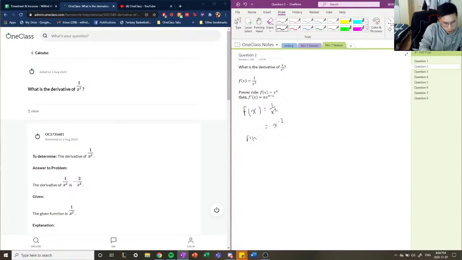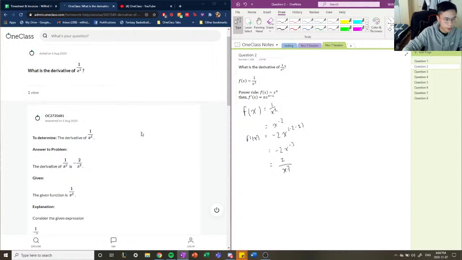For f prime of x, we take this negative exponent, as you can see here, and move it down as a constant multiplying the variable. We write our variable and say negative 2 minus 1. The final function is negative 2 times x to the power of negative 3, and I'll write it back in original form, which is this. So this is the derivative of our function f of x.